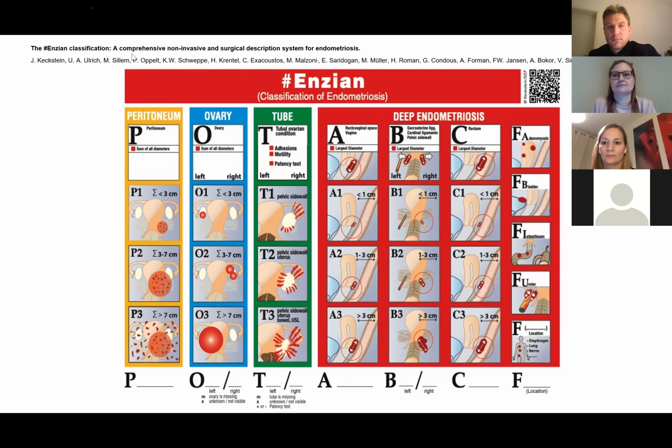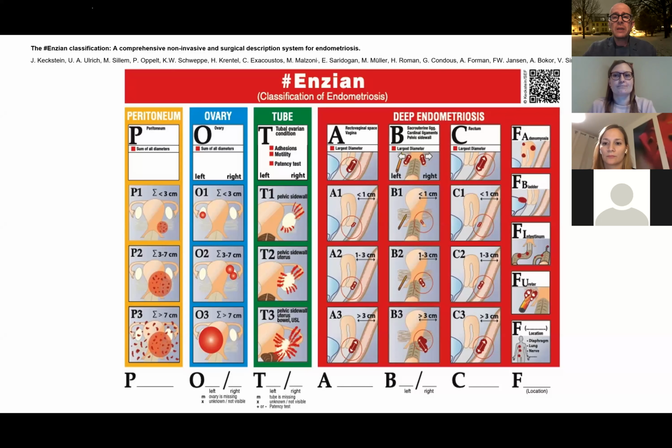Okay. So the hashtag ENSIAN classification will classify the endometriosis lesions on the peritoneum, on the ovary, on the tubes, plus the old ENSIAN classification, the ABC: the rectovaginal space, the vagina, and then the pelvic sidewall, including the sacrouterine ligaments, the cardinal ligaments. Then the C compartment are going to be the lesions on the rectum.